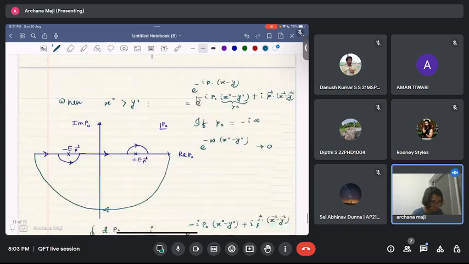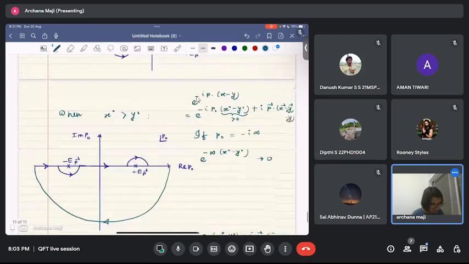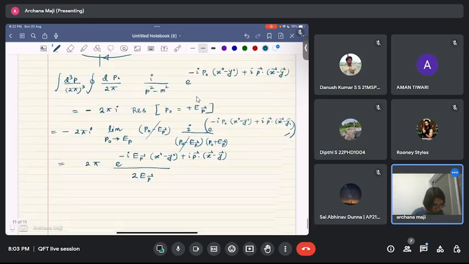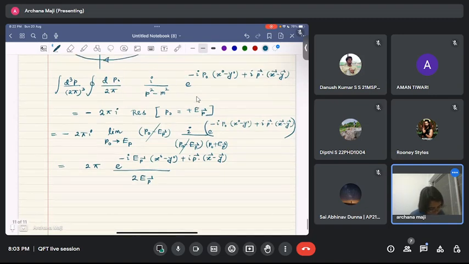Okay, so the entire integral was d3p over (2 pi)^3, with this minus coming from the clockwise contour.